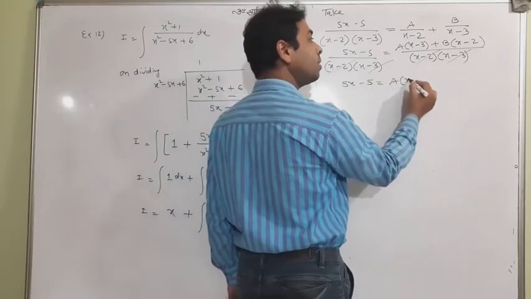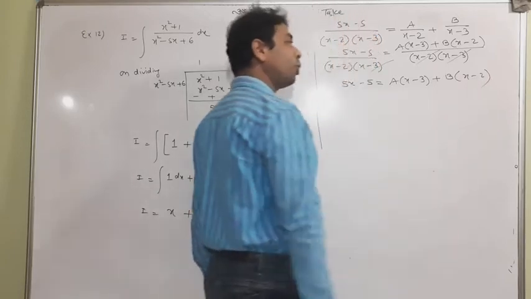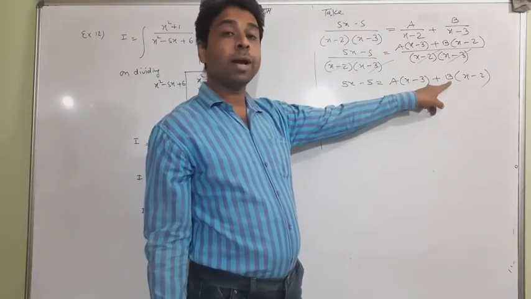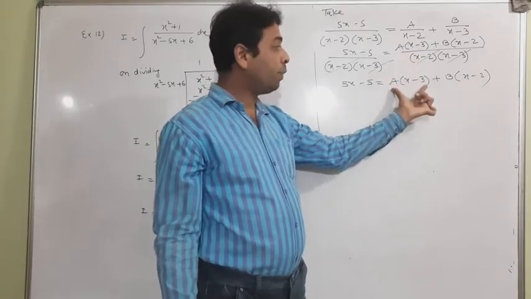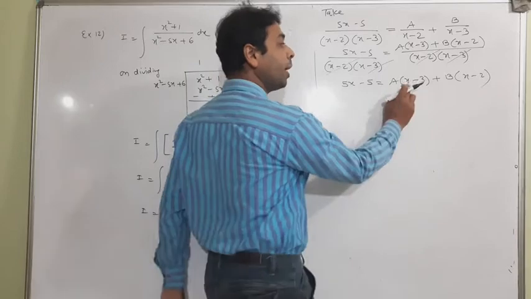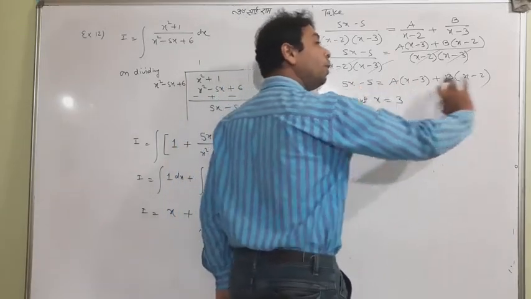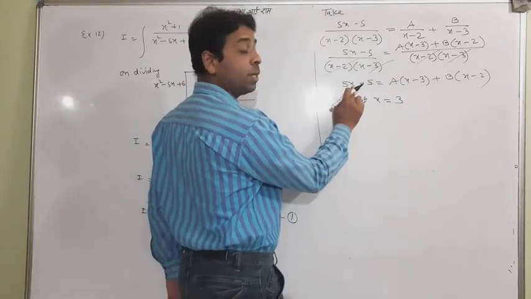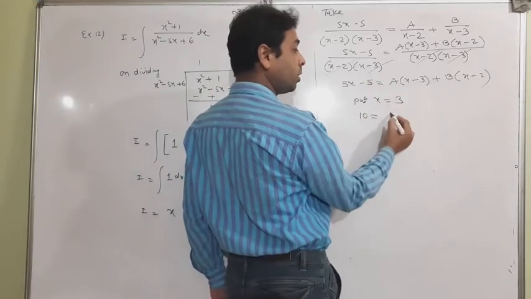So remaining is, can you see, now as I taught you, you have to find the values of capital A and capital B just by using the value putting method, because these two are linear factors. You know how we can make it 0? Just putting x equal to 3. So put 3 in all the equation. Look, 5 threes are 15. 15 minus 5, 10. X equal to 3, this is 0.